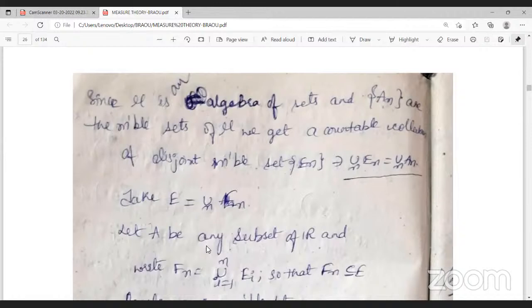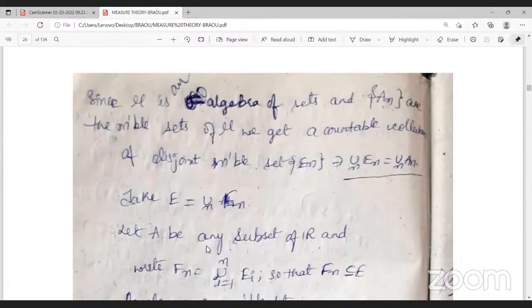And F2 equals E2 minus E3, because this is a decreasing sequence.